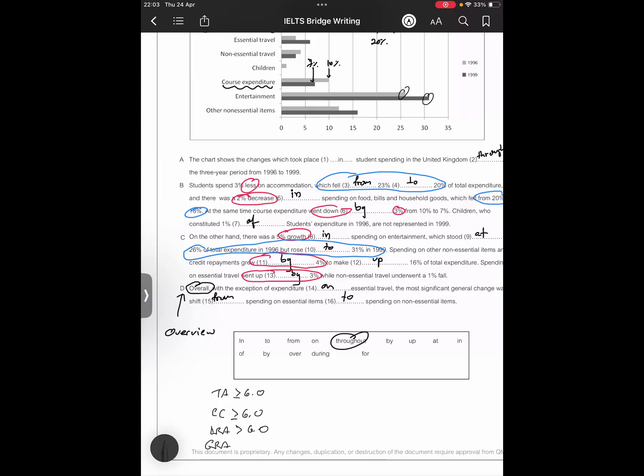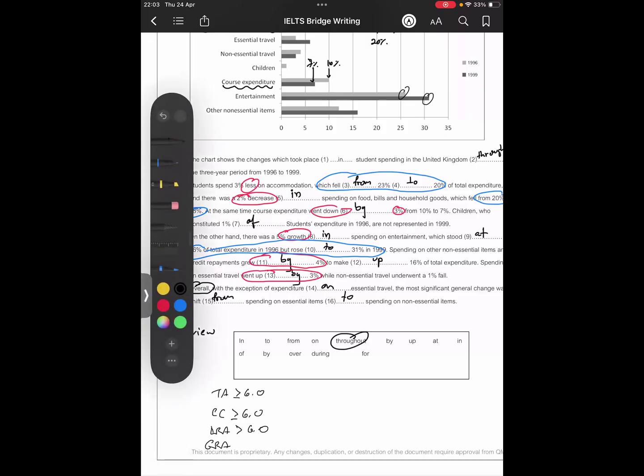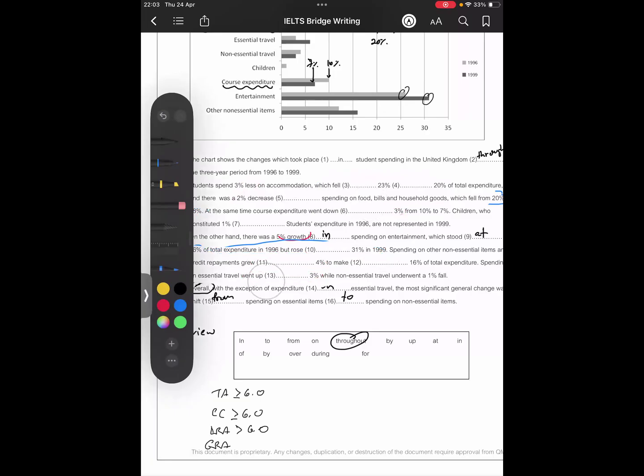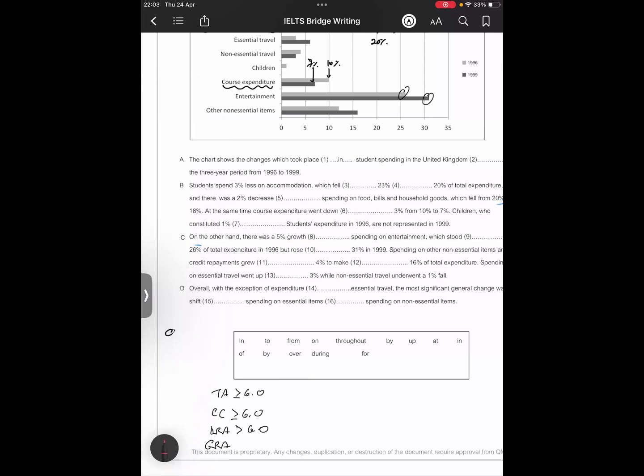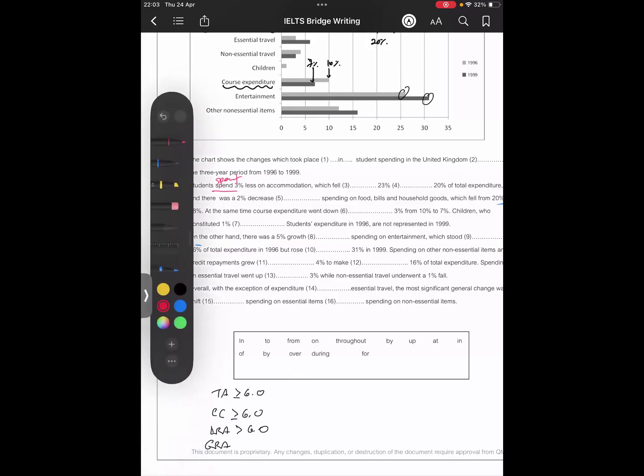As for grammatical range and accuracy, only a few errors can be spotted here, and they are not major. An example of one error that I've spotted is the use of present tense here. This should be past tense because it is in the past.